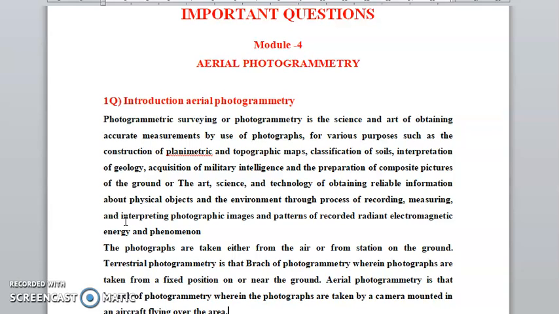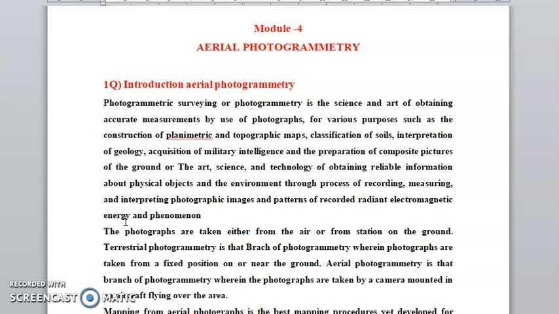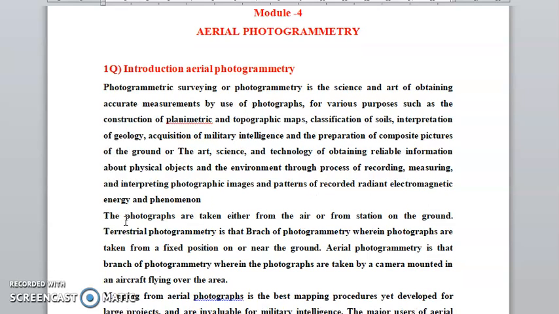Terrestrial photogrammetry is a branch of photogrammetry wherein photographs are taken from a fixed position on or near the ground. Aerial photogrammetry is the branch of photogrammetry wherein the photographs are taken by a camera mounted on an aircraft flying over the area.